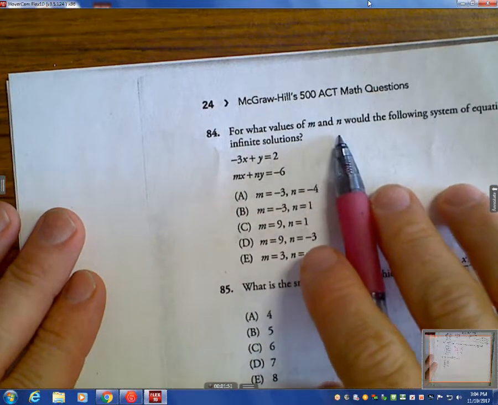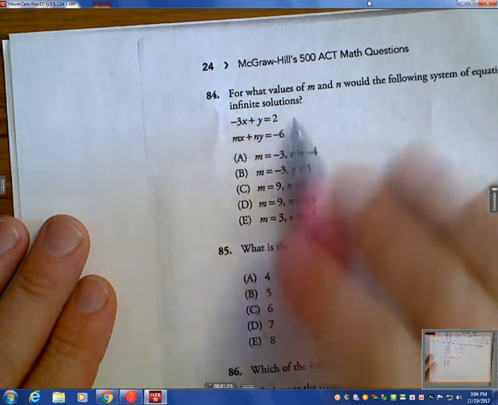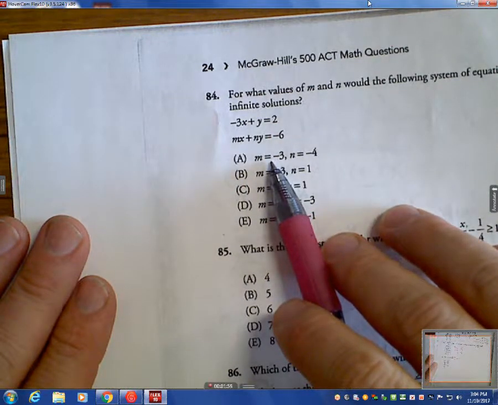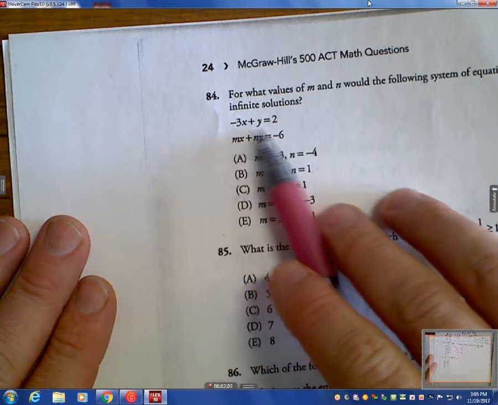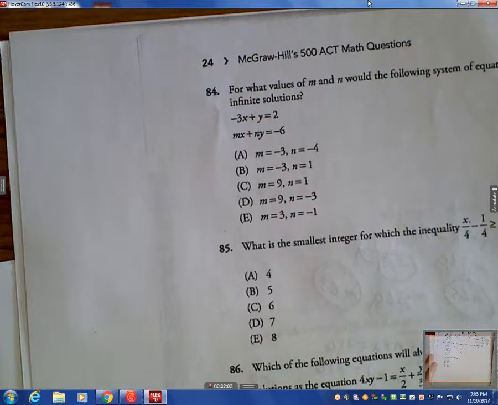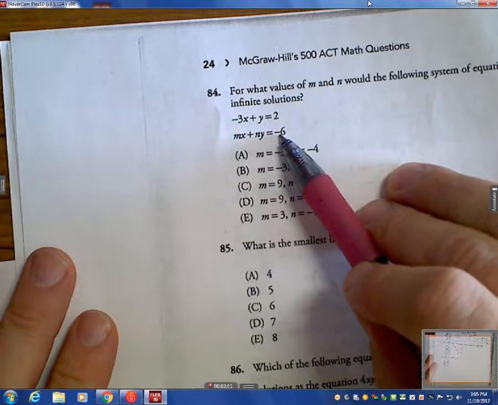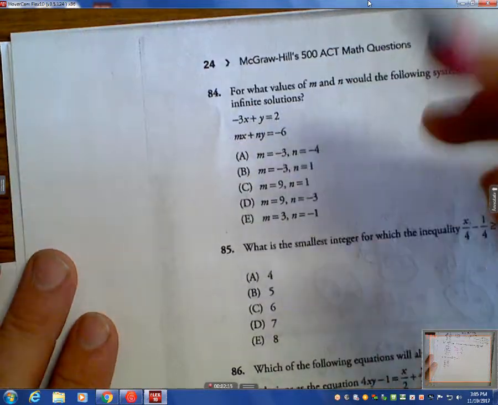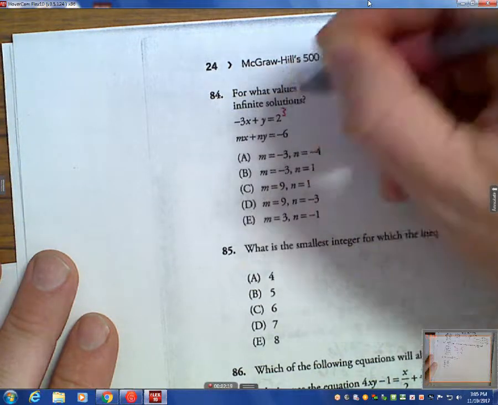For what values of m and n would the following system of equations have infinite solutions? What needs to happen is these need to be the exact same equation for them to be infinite solutions. If this is negative 6, then this would really need to be a positive 6. So I'm going to multiply this by 3.